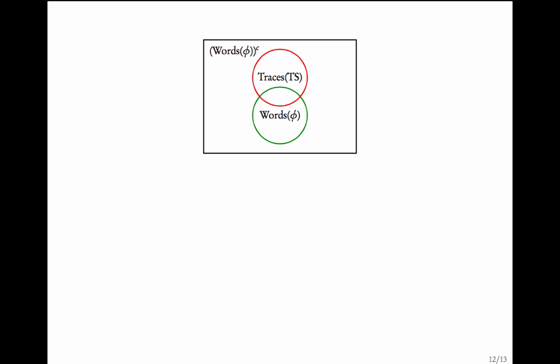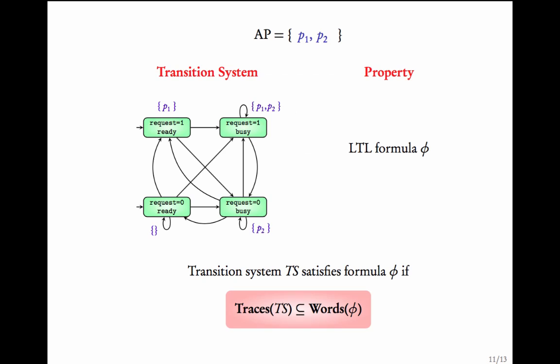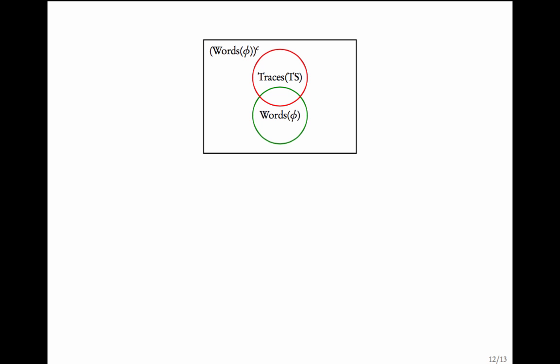Now suppose the traces of a transition system are here. This is the set of traces of a transition system. Note that the set of traces are not entirely contained inside words of phi. It satisfies phi only if it is contained in words of phi. So this transition system would not satisfy phi. At the same time, these traces are not contained inside words of phi complement. So this transition system would not satisfy not of phi as well.